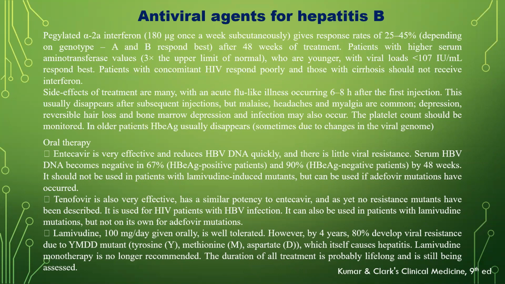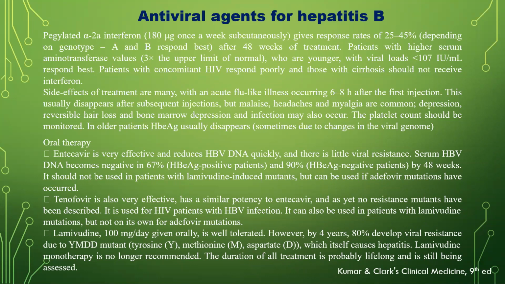The platelet count should be monitored. In older patients, HB core antigen usually disappears or changes due to changes in the viral genome. Oral therapy is represented by the three most frequently used agents. First is entecavir, which is very effective, reduces DNA levels quickly, and has little viral resistance.